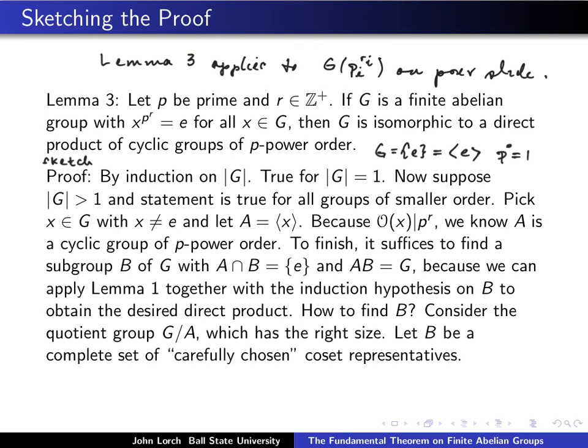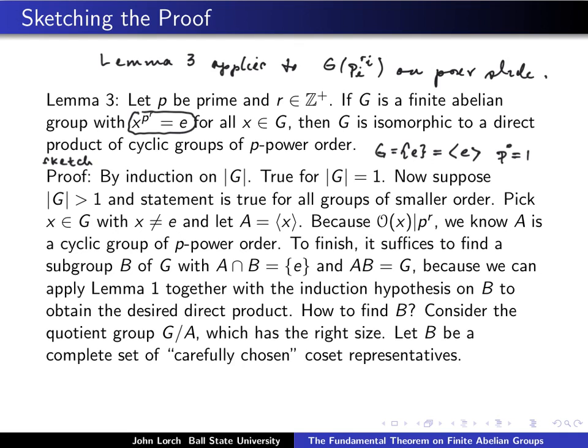So now let's suppose we have our group and its order is bigger than 1, and we're going to assume that the statement is true for all groups of smaller order. So we pick an x in G with x not equal to the identity and let A be the cyclic subgroup generated by x. So I know that x to the p to the r is the identity.